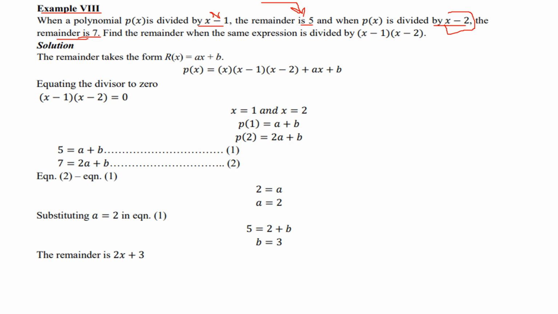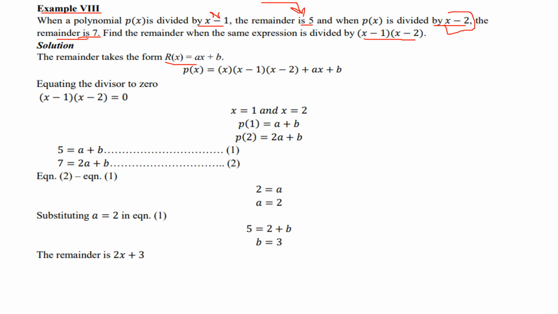So note that. Now they have told us to find the remainder when the same expression is divided by this. Now the first thing, since our divisor has a higher power, because when you open up brackets you are going to have x squared, you always let your remainder of x be in the form of ax plus b.